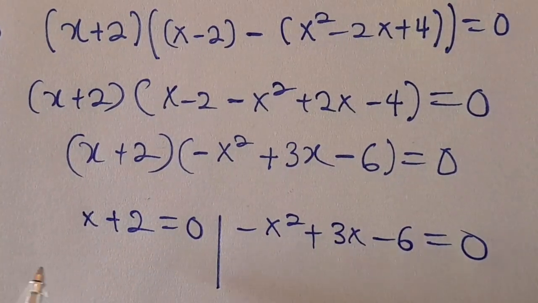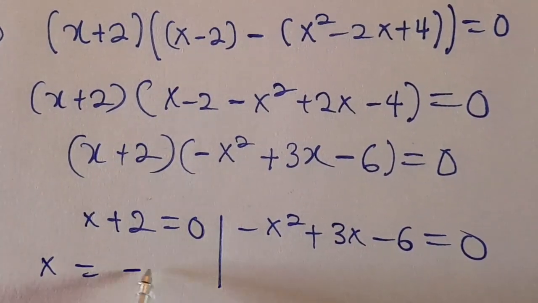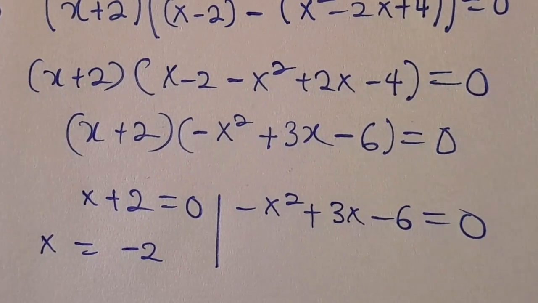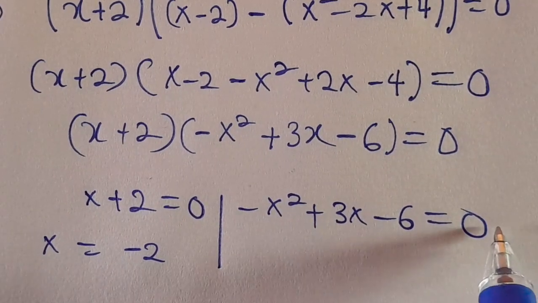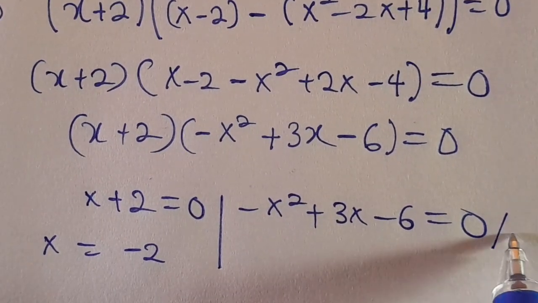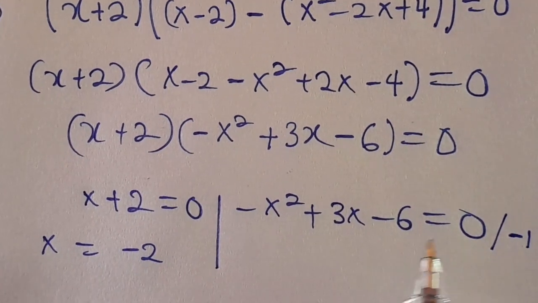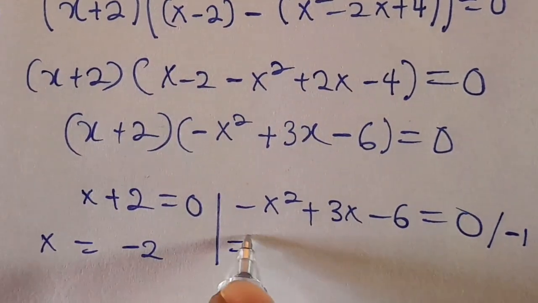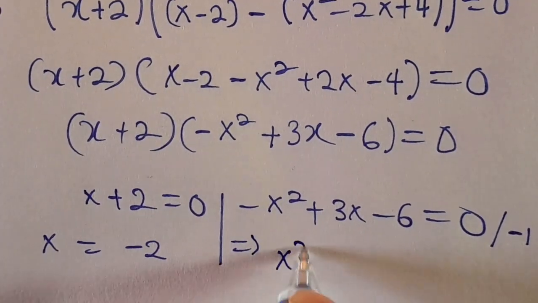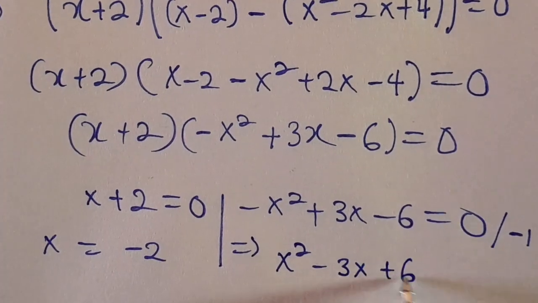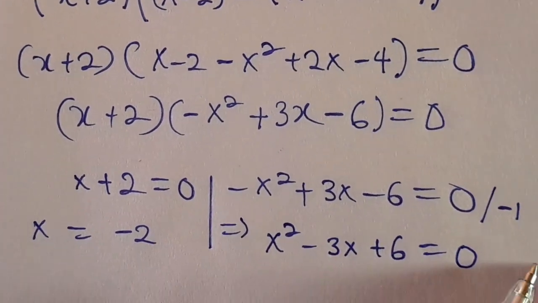So now from here we have our x to be equal to minus 2. That is the first value of x. Now from here, let us divide through by minus 1. When we divide through by minus 1, this implies that we are going to have x squared minus 3x plus 6 to be equal to 0.